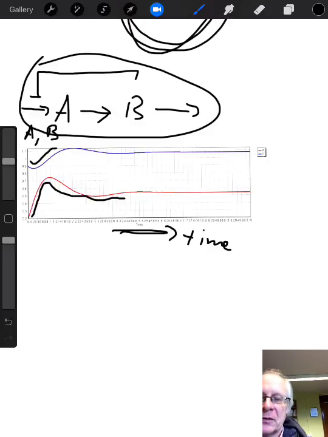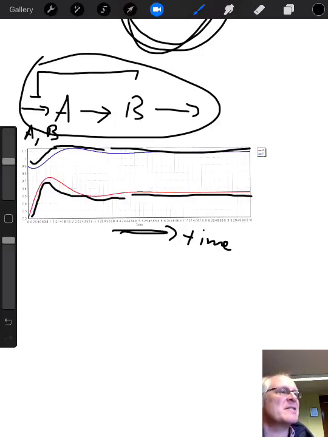The red one is A, the blue one is B. But then everything reaches the steady state condition and becomes stable.